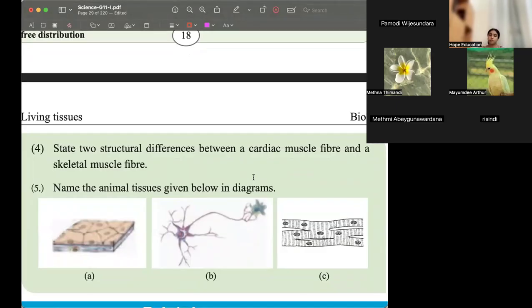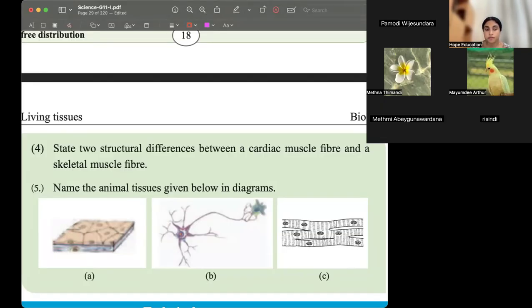Put your answers in the chat box. I got one answer. Yes, Sashita.